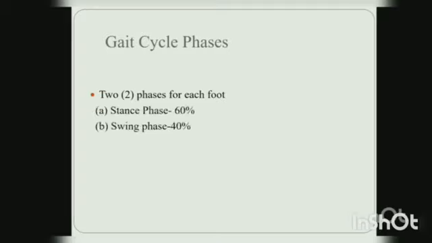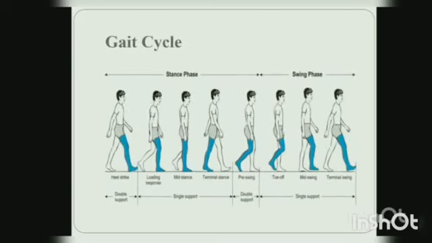The stance phase makes up about 60% of the gait cycle, whereas the swing phase makes up the remaining 40% of the gait cycle. In the picture you can see the stance phase and the swing phase. It is described so nicely. We can categorize the stance phase into 5 subcategory events and the swing phase into 3 subcategory events.